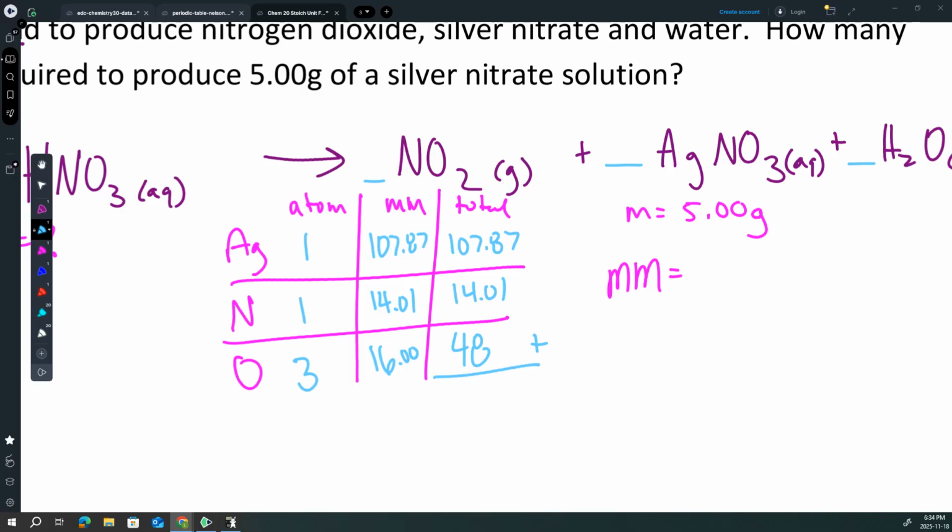So 1 times 14.01 is going to give us the same number. For oxygen, we have 3 of them, times the molar mass of oxygen, which is 16. That gives us 48. So adding all of these up, we're going to get 169.88, and that's grams per mole.